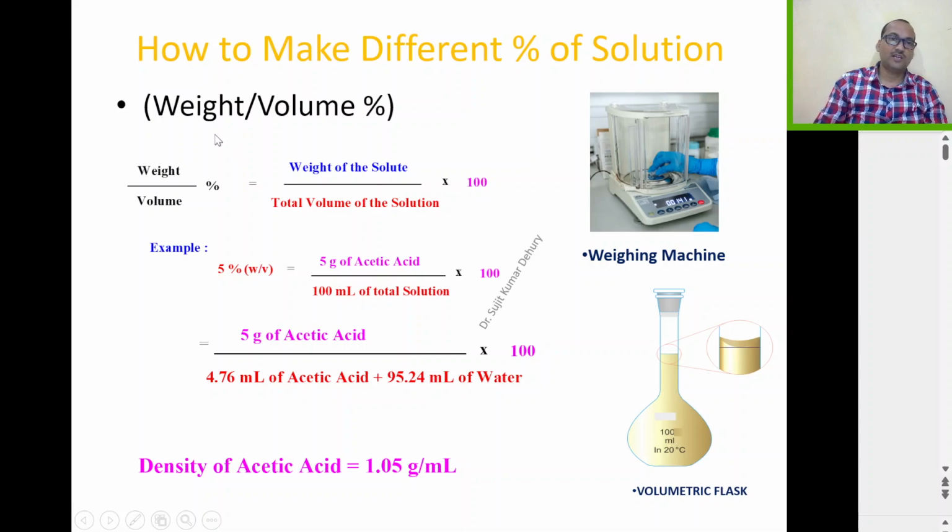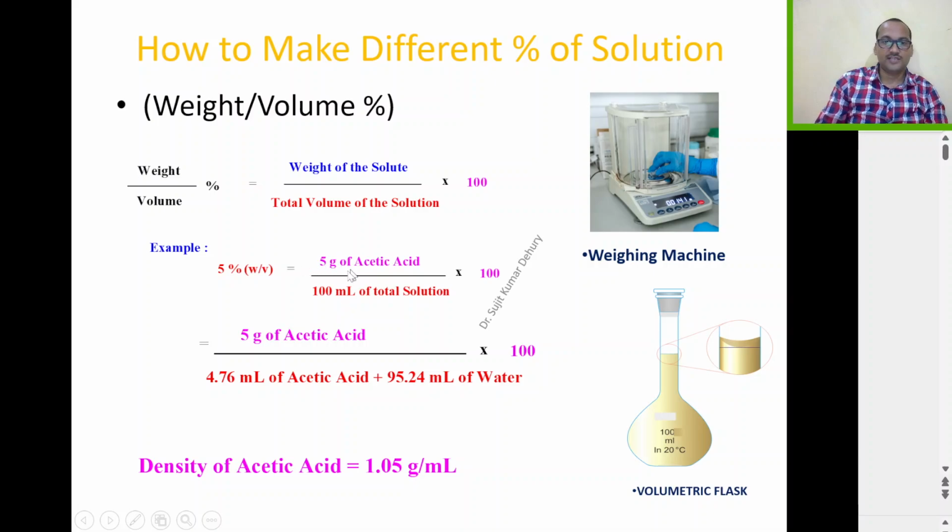Similarly, another way we can make weight by volume percent solution. This is the formula: weight of the solute by total volume of the solution into 100. Suppose we want to make 5% weight by volume acetic acid. In that case, we have to take 5 gram of acetic acid into the volumetric flask, and the total volume of the solution should be 100 ml.